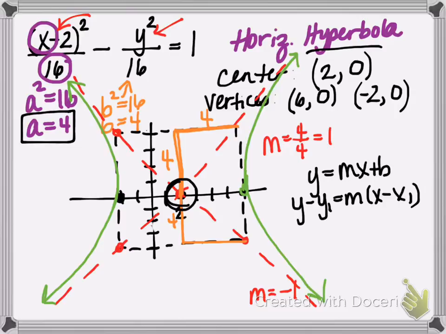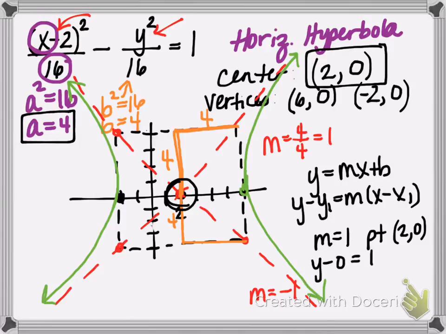So I can use the point 2, 0 as my point. So, for example, if my slope is positive 1 and the point was 2, 0, then the point slope form of this line would be y minus 0 is equal to 1 times the quantity x minus 2. In other words, my line is y equals x minus 2. This would be the equation for one of the asymptotes, the one that has a positive slope.